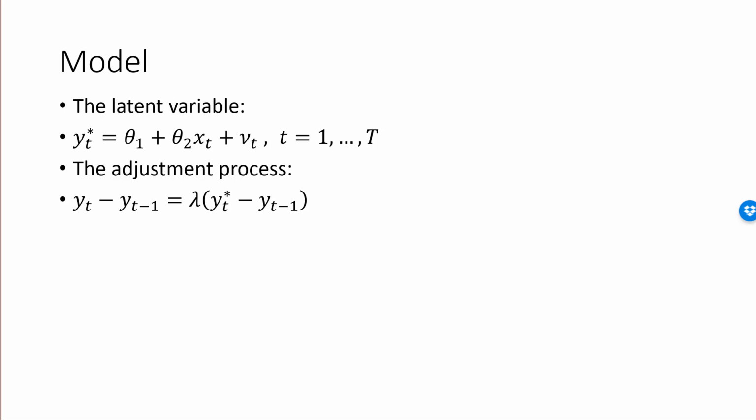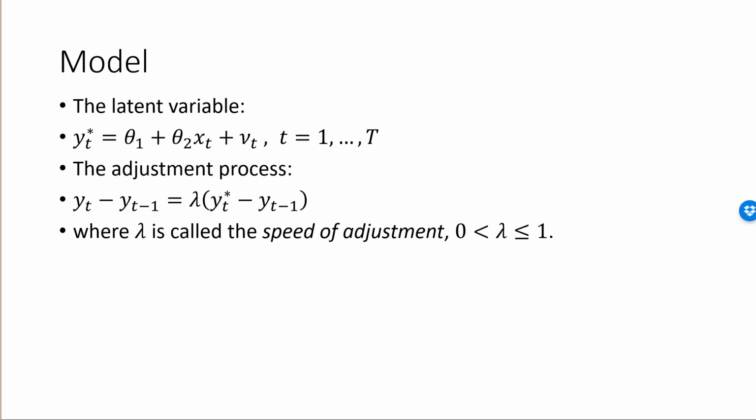So this is the reason why it's called a partial adjustment process. We don't have a complete adjustment unless lambda is precisely equal to 1. This adjustment parameter lambda is also called a speed of adjustment. And the assumption here is that this lambda must be greater than 0, there must be at least some adjustment, and it's less than or equal to 1.